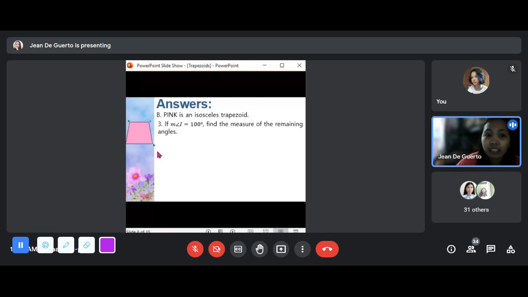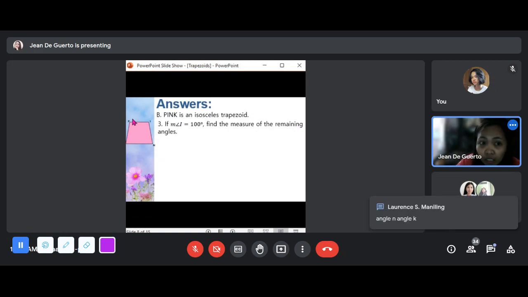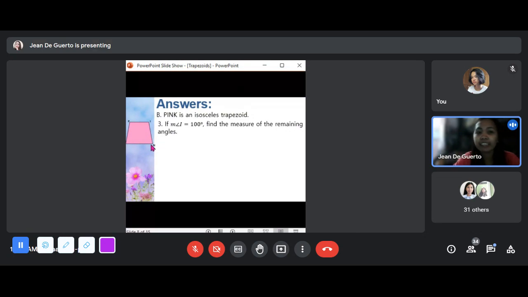We have angle N and angle K. Lorentz, wait. So angle K and angle N, these two are the second pair of base angles.